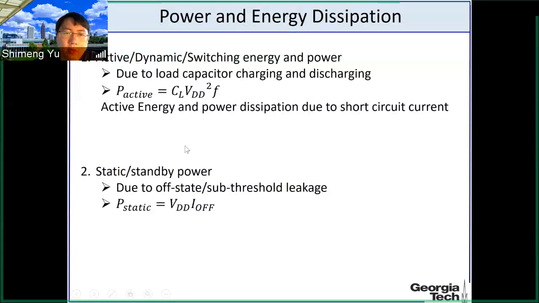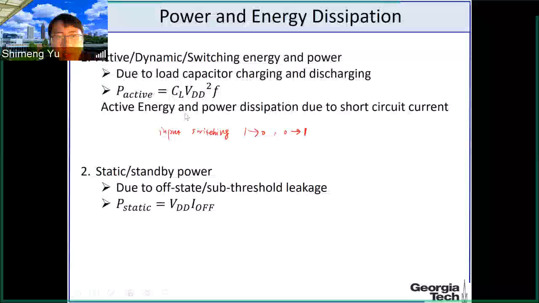To make it more specific, the active energy is for the active computation, where the input is switching actively from 1 to 0 or 0 to 1. So here the power is measured when the input is switching from 1 to 0 or 0 to 1. That means we are doing the computation.